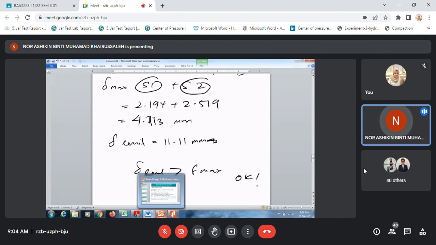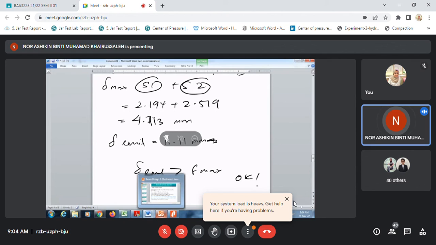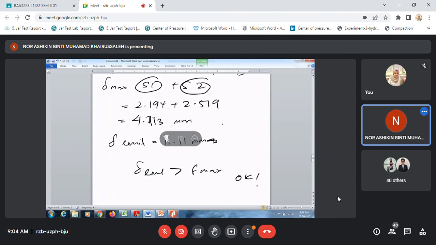Okay, can I ask, how about the self weight of beam? Why didn't we calculate the self weight of beam for the deflection? Why are we not including the self weight of beam in the deflection calculation?